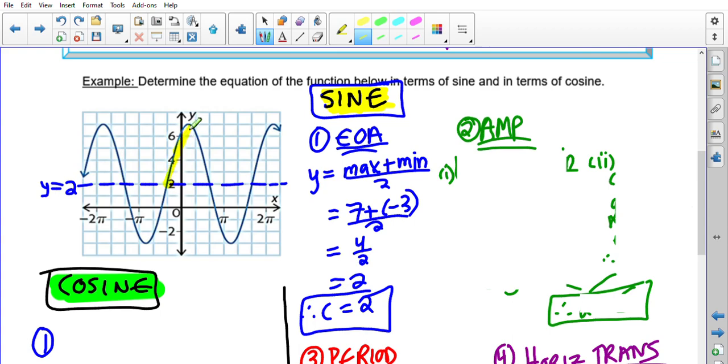Okay, looks like it comes up here, comes back down, and sine's cycle should end when you come back to the EOA. So this is the cycle that I'm going to find the equation for. You may also identify another sine cycle. So someone may have identified a sine cycle starting from here, then going up and back down and said it was reflected. So that's okay too. That's why some answers may vary for this unit. Okay. All right, so we've got our c value.